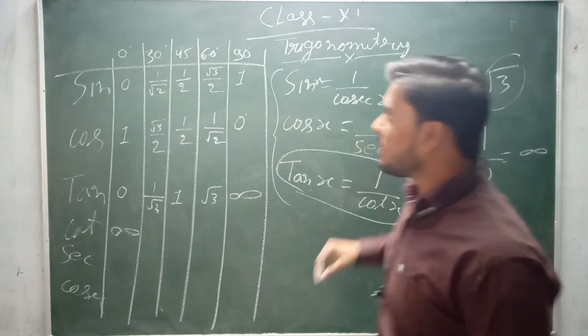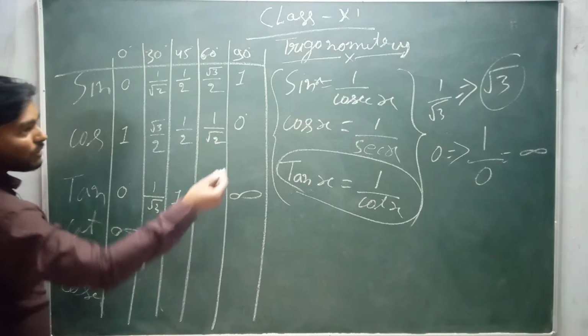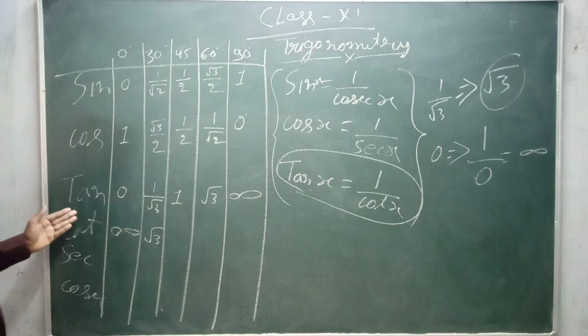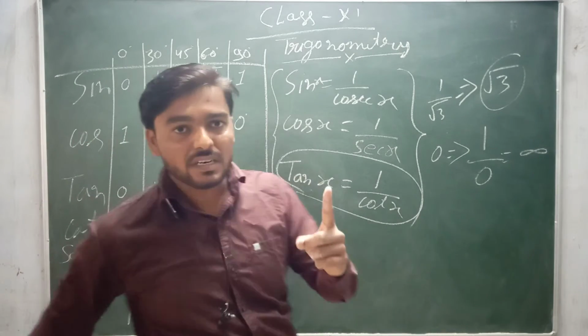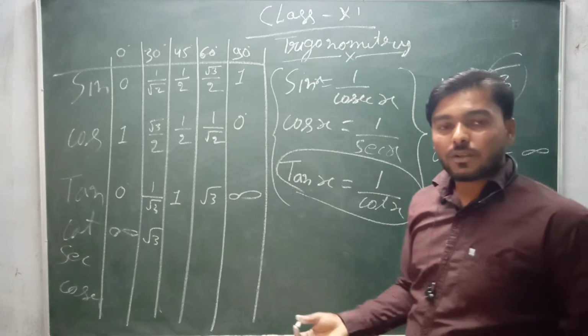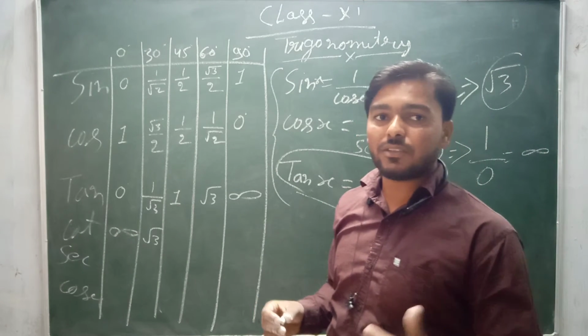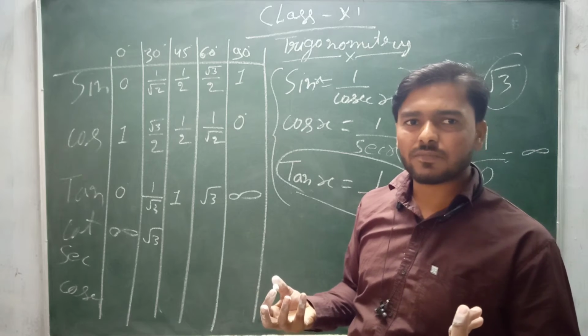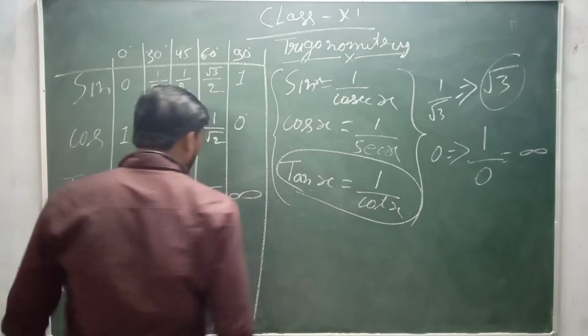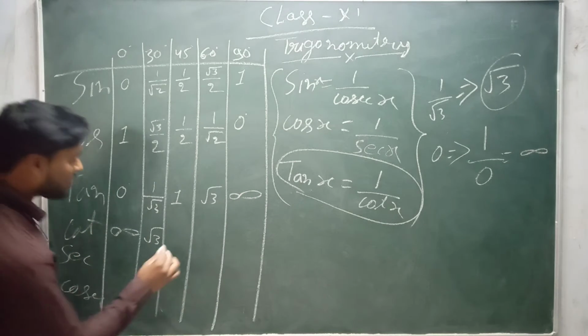Root 3 is the value of cot 30. Now, tan 45 value is 1. For cot 45, when we reciprocate the value 1, we get 1. So cot 45 is also equal to 1.